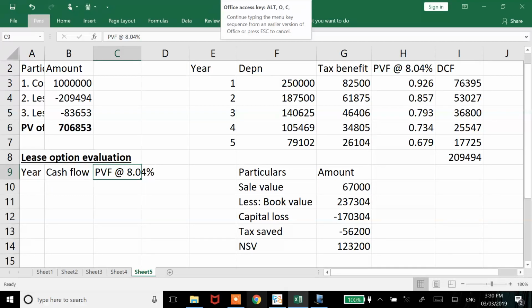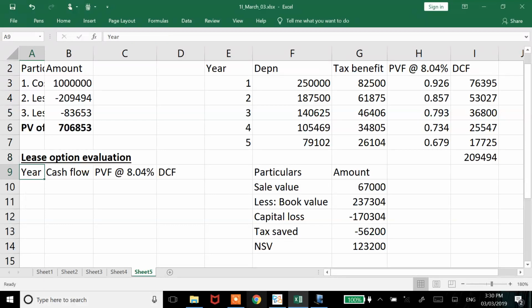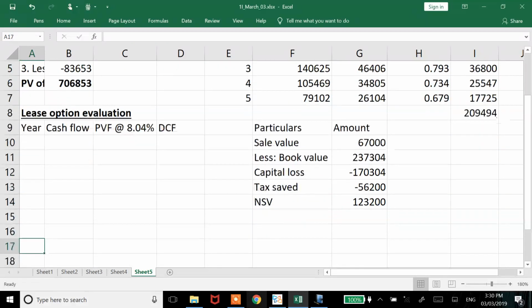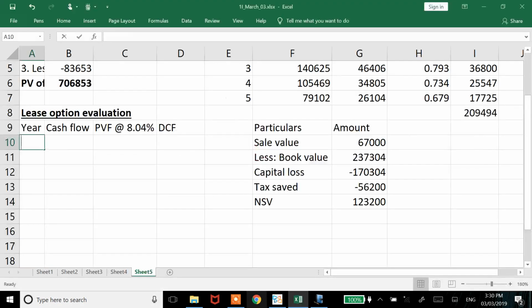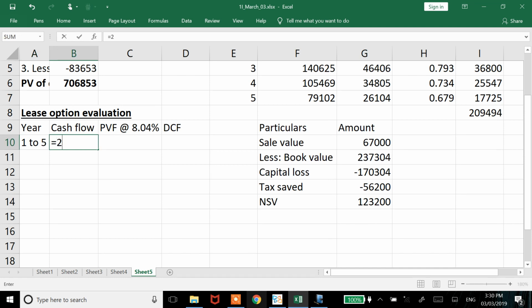The problem is silent, so my discount rate is the after-tax cost of debt. Years one to five. 2,70,000 into 67%.